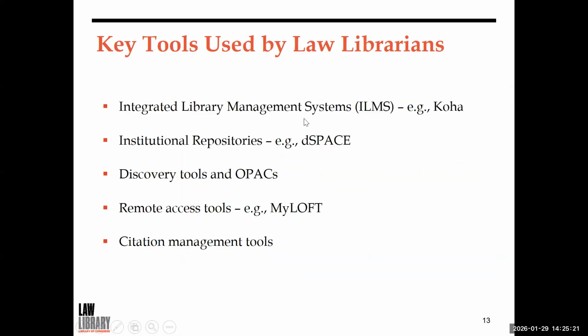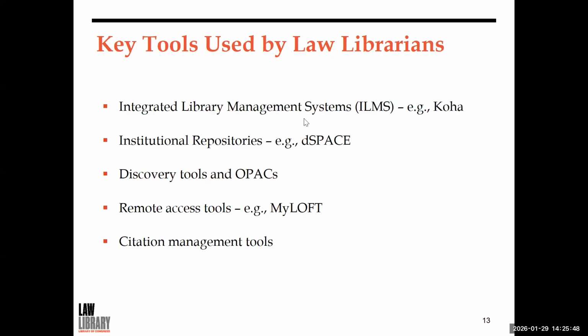For key tools used by librarians, we have the integrated library management system. At Kenya School of Law, we use Koha, which is one of the systems highly used here in Kenya. It has all the modules: cataloging, circulation, reports.